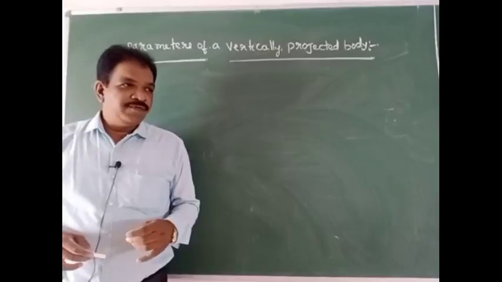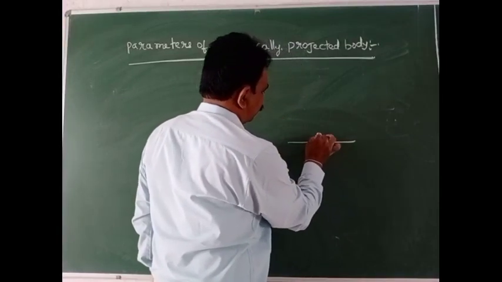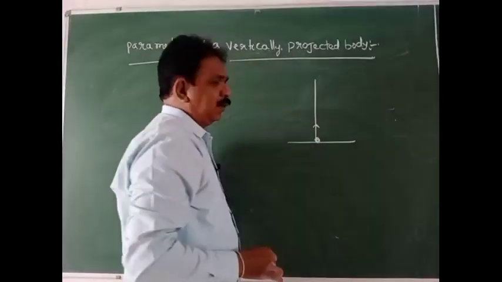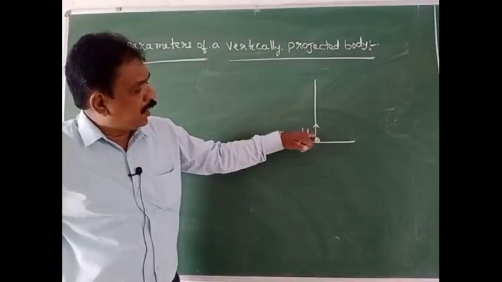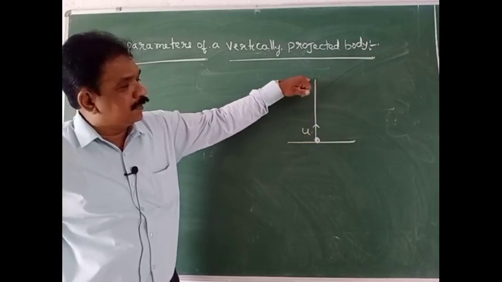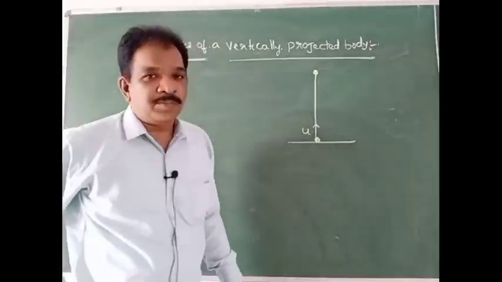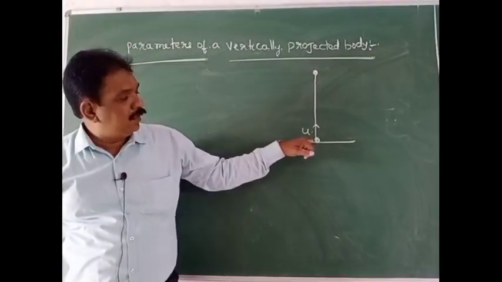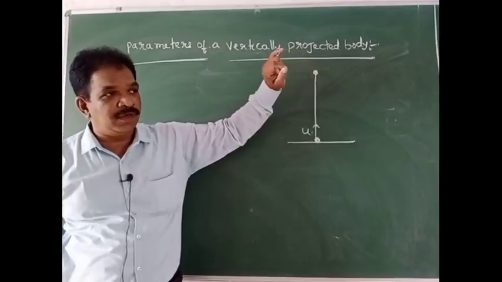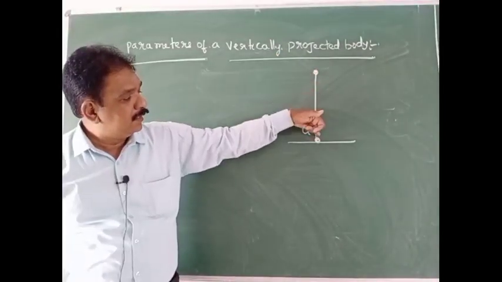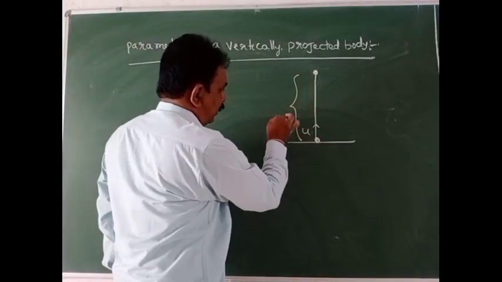See, if a body is projected upward with some velocity, its velocity gradually decreases, and finally it becomes zero at one point. The body is thrown upward, velocity decreasing, and finally it becomes zero at one point. Clear? This distance will be called maximum height.